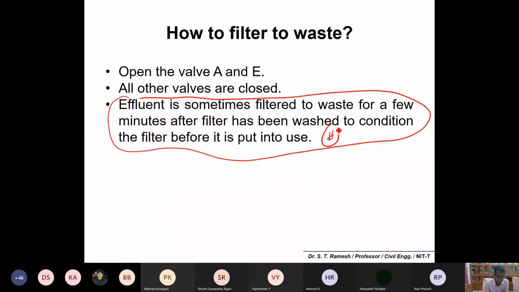Please make a note: after backwashing there could be water with a lot of turbidity, so waste it purposely. Then you observe the water quality, and when it reaches a normal level, close valve E and open valve B to collect the treated water or treated effluent. Is it okay?